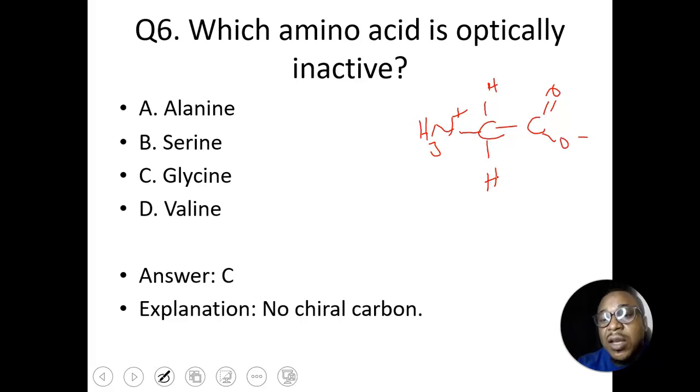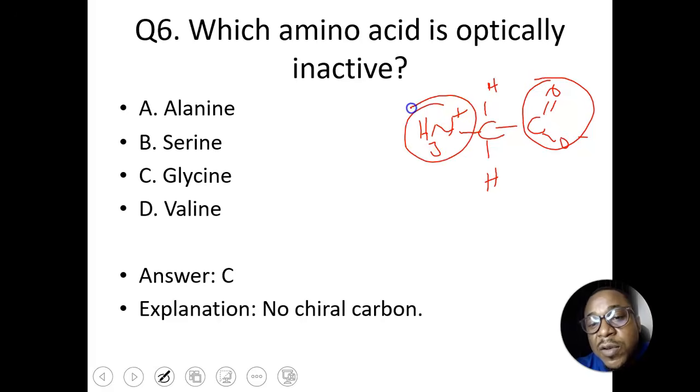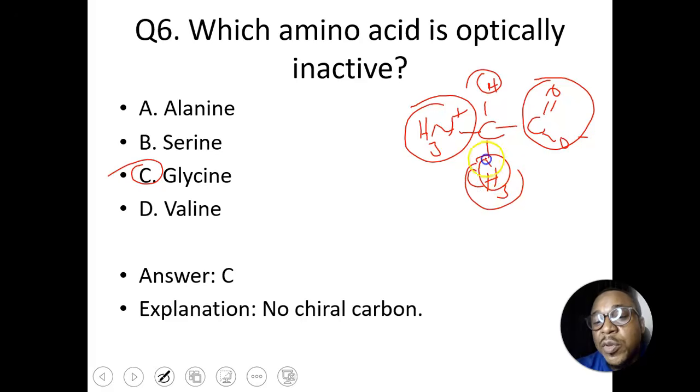So this one is one functional group, this one is another functional group, but these two functional groups are the same. Because they are the same, the amino acid will be optically inactive, and the answer to that question is glycine. Because there's hydrogen here, there's hydrogen here. If we changed this hydrogen to CH3, this will become alanine, optically active. So there is no chiral carbon or chiral center in glycine.